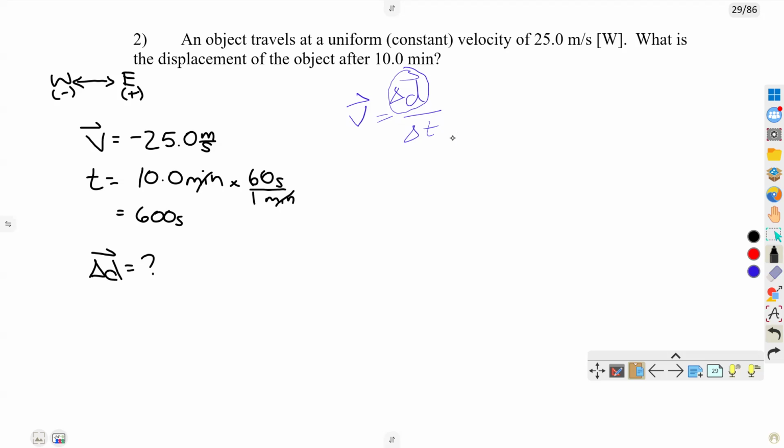So we're going to multiply both sides by delta t so that our displacement is going to equal delta t times our velocity. Time is 600 seconds. Velocity negative 25.0 meters per second. Take a moment, calculate it, pause, and then calculate it, of course.